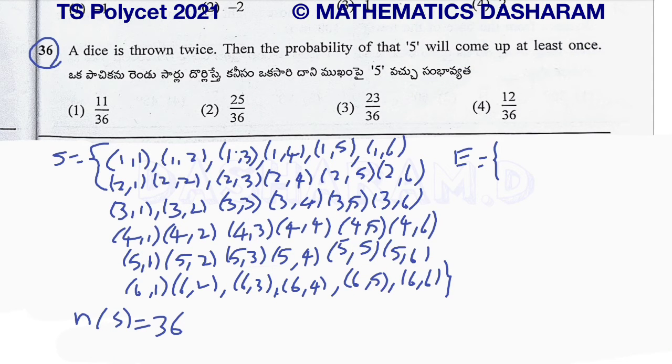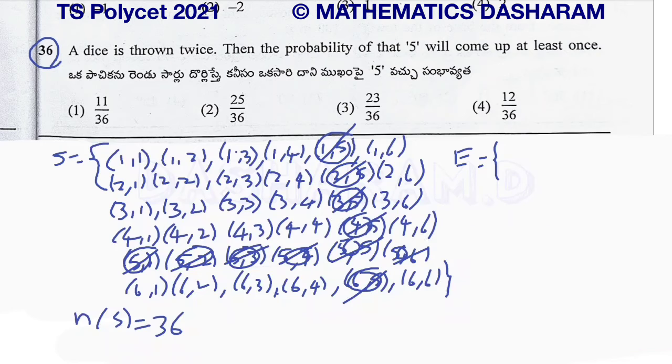So here 1 comma 5, 2 comma 5, 3 comma 5, 4 comma 5. Since it says at least once, here 5 comma 1, 5 comma 2, 5 comma 3, 5 comma 4, 5 comma 5, 5 comma 6, 6 comma 5. So 1, 2, 3, 4, 5, 6, 7, 8, 9, 10, 11.